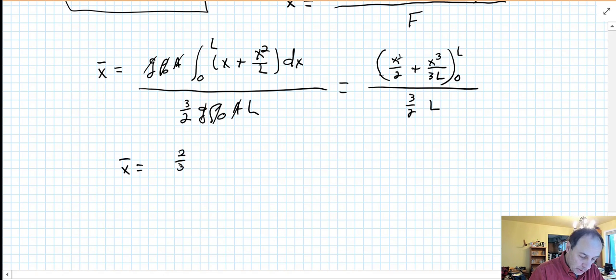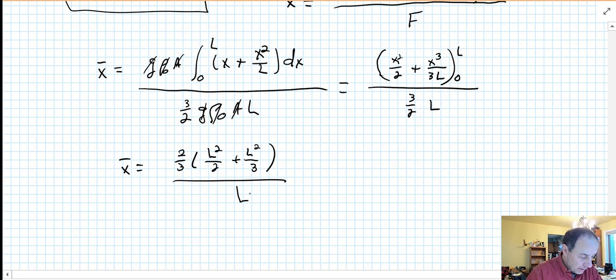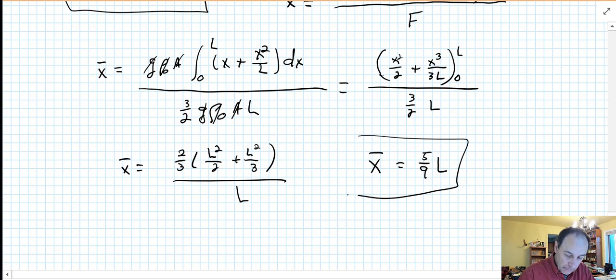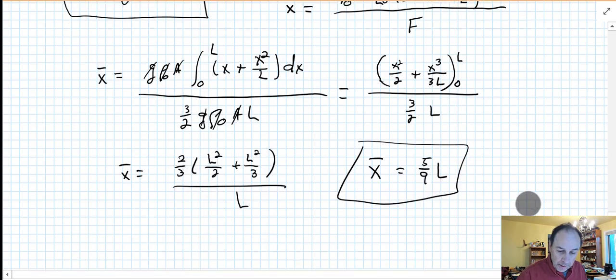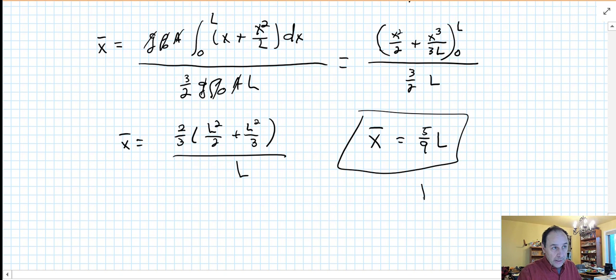You get 2/3 times L squared over 3 plus L squared over 2, over L. And when you go through that and simplify, 5/9 L. That's the location of where the load is going to act, and that makes sense because 5/9 is more than center, and that's what we expected. It's more to the right of center.